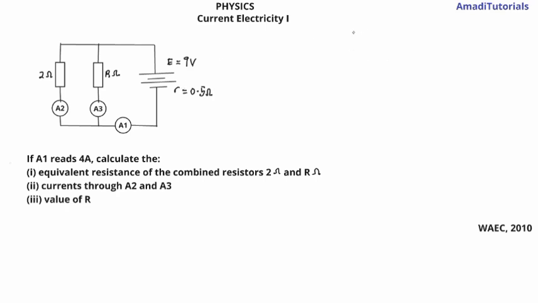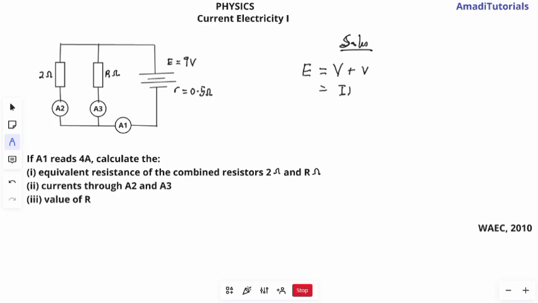Now you will recall that EMF or electromotive force is equivalent to the voltage drop across the external resistance plus the voltage drop within the cell itself, which equals the current through the circuit times the external resistance plus the current times the internal resistance.